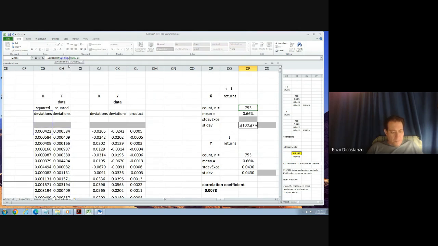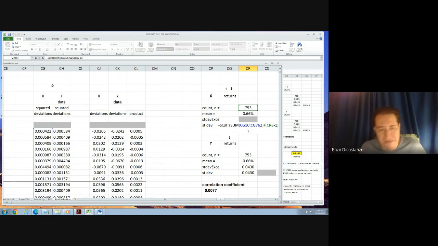Same thing. Now you just use your square deviation. Once you do the tough part of getting the data lined up and accurate from a time series point of view, now you're just going through steps.